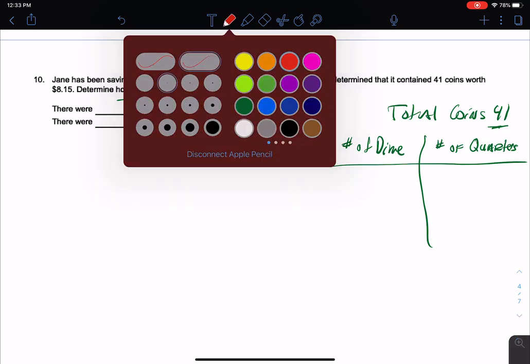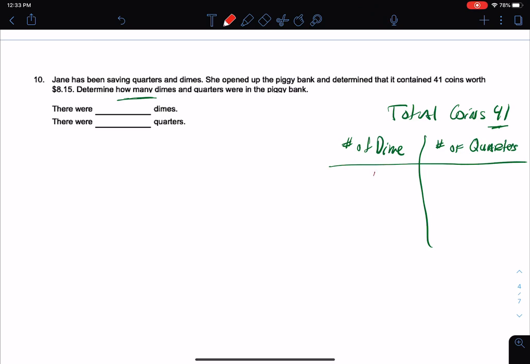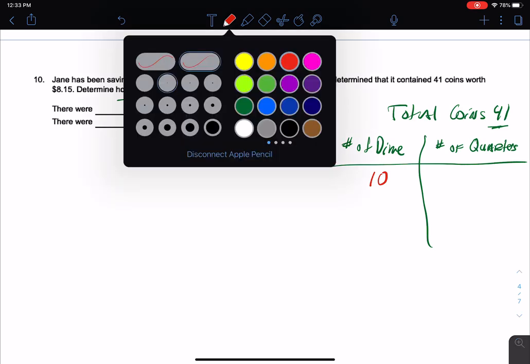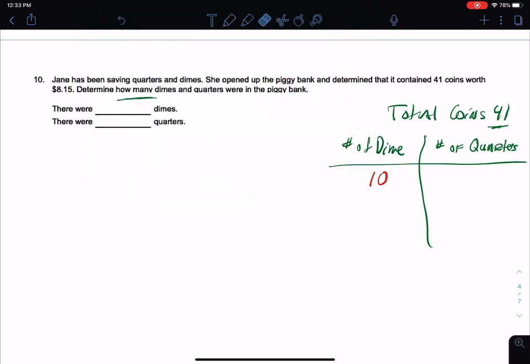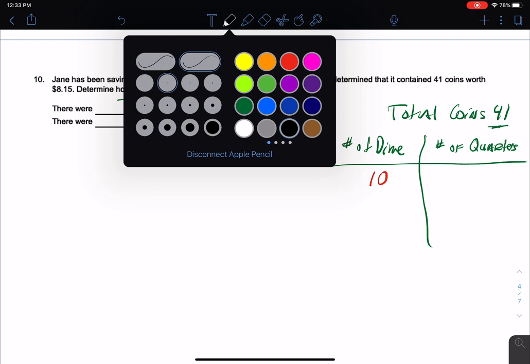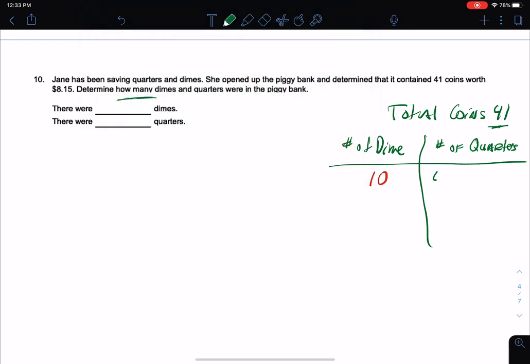So for instance, if I told you I have 10 dimes and I have a total of 41 coins, you can easily figure out how many quarters there are, because there's a total of 41 coins. I'm just going to write that 41 all the way down.